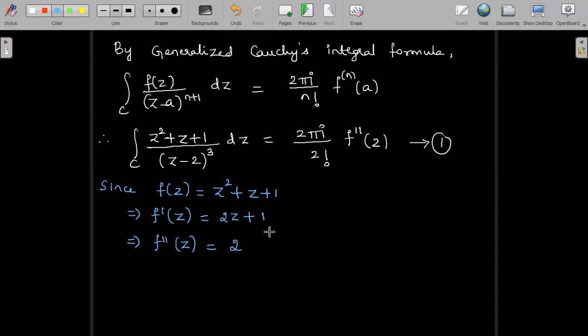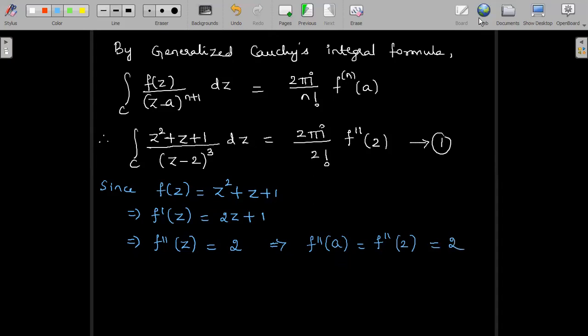So f double dash of z itself is 2, a constant. So f double dash of a, and the a value here is 2, will also be equal to 2. There is no z here to substitute. If z was existing, then I would have taken z is equal to 2. So the value of f double dash of 2 is also equal to 2.